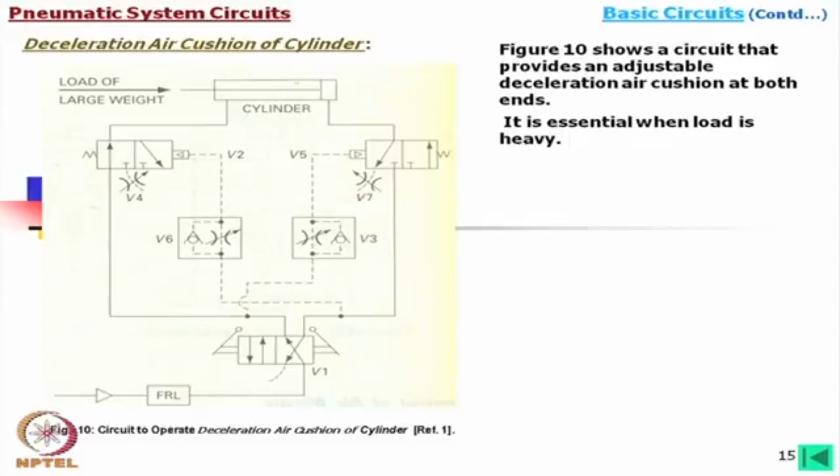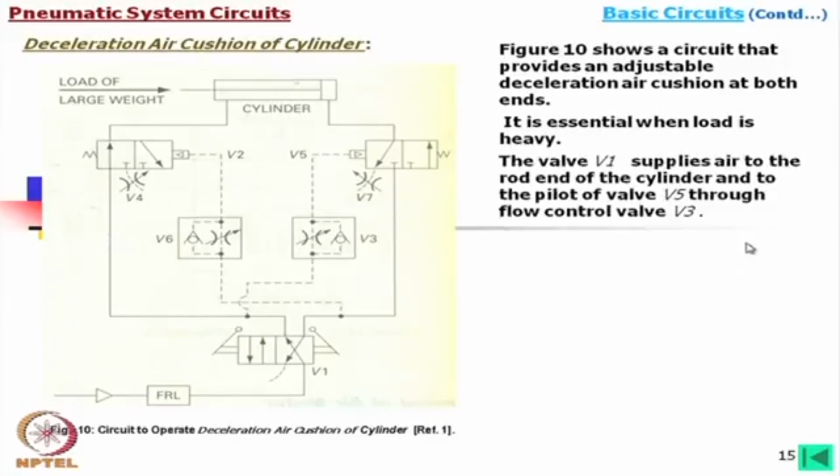In that case, when the cylinder is reaching the end of the stroke, the outlet port through which the oil is going out is controlled, the area of that port is controlled, and there is a cushioning effect. In case of air, how is it done? Let us see pneumatic systems.